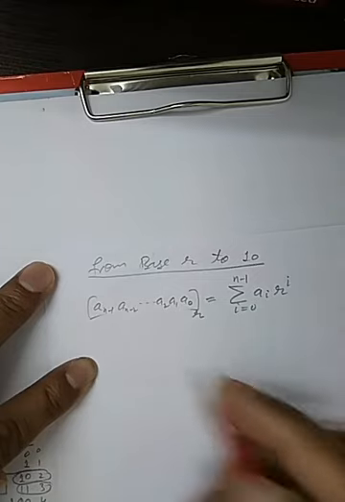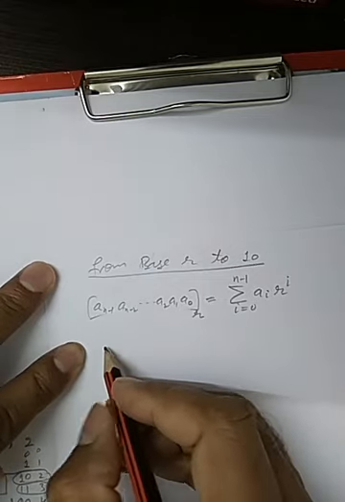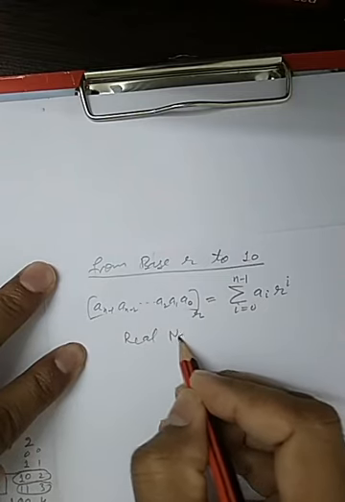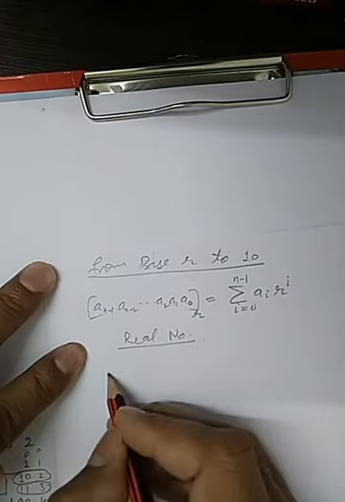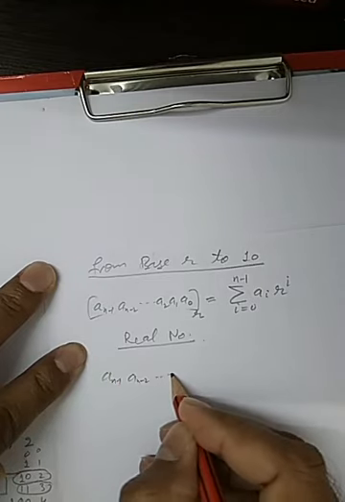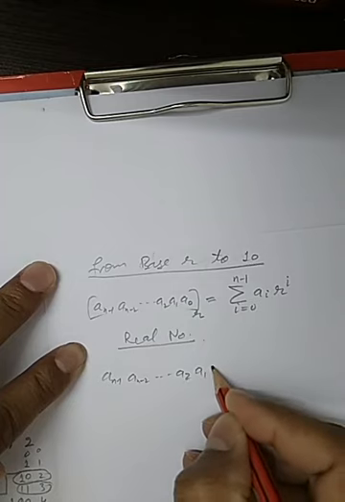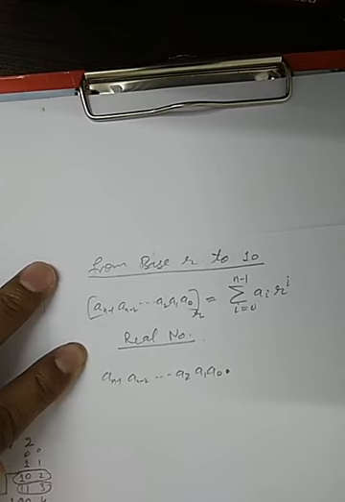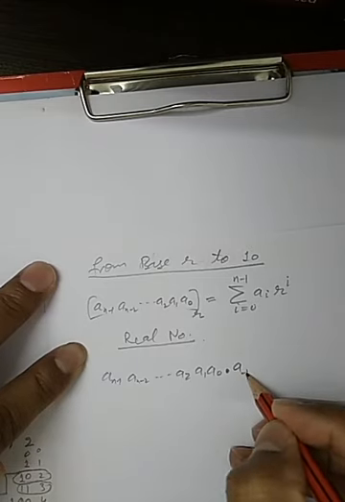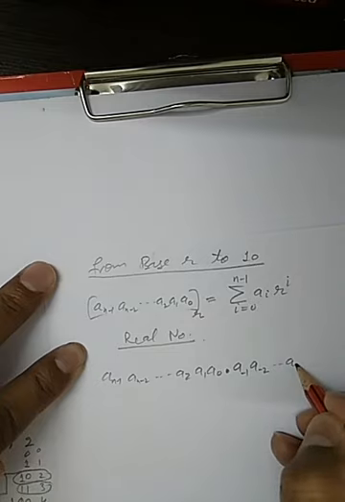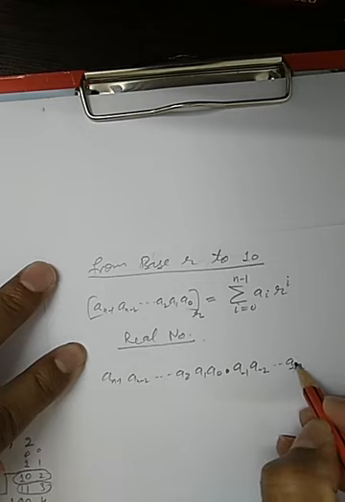So for example, suppose I have a real number a_{n-1}, a_{n-2}, and so on, a2, a1, a0, with the decimal point appearing over here, then a_{-1}, a_{-2}, and so on, a_{-m}.